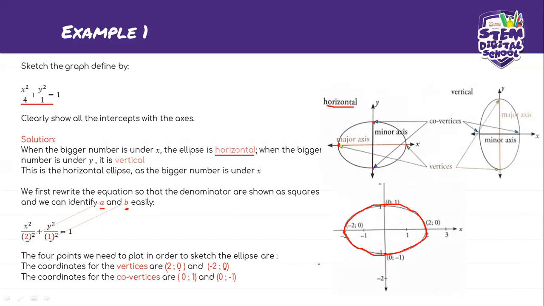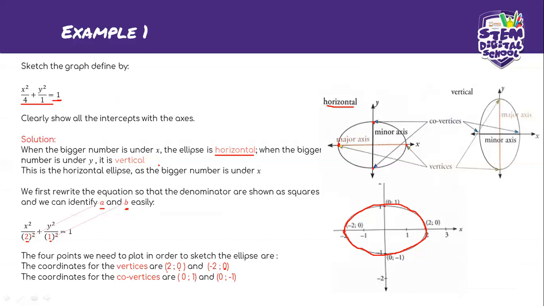What is important here is to know the value of A and B. Once you have the value of A and B, it's easy to plot the ellipse graph. And make sure that on the right-hand side it's always 1. If it's not 1, then there's no way we can proceed and draw an ellipse.